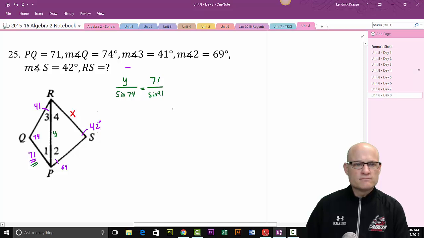All right, we're just going to cross multiply. So y times the sine of 41 is equal to 71 times the sine of 74. Divide by sine of 41.